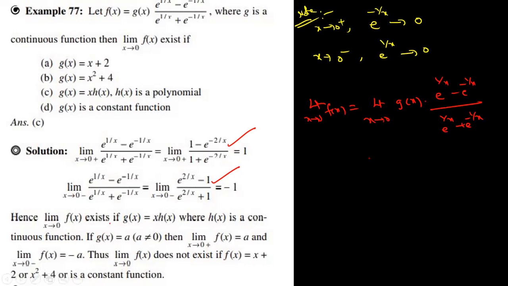So what is the meaning? This is what we are discussing. What about g of x? It is continuous. Let us see. See carefully. If g of x is equal to a, dear students, then limit x tends to 0 plus f of x is how much?